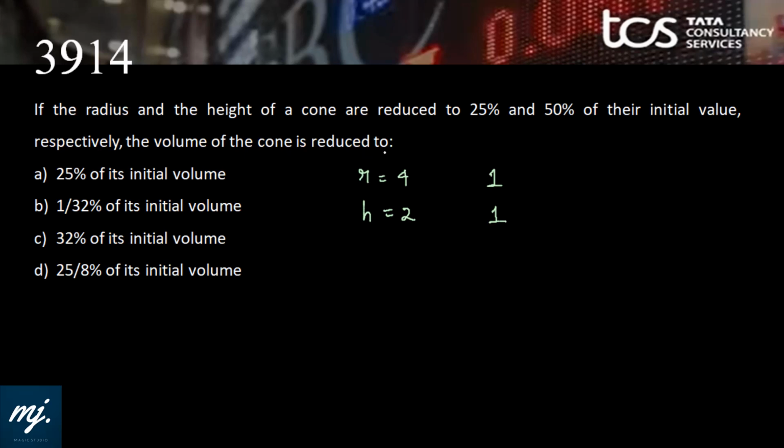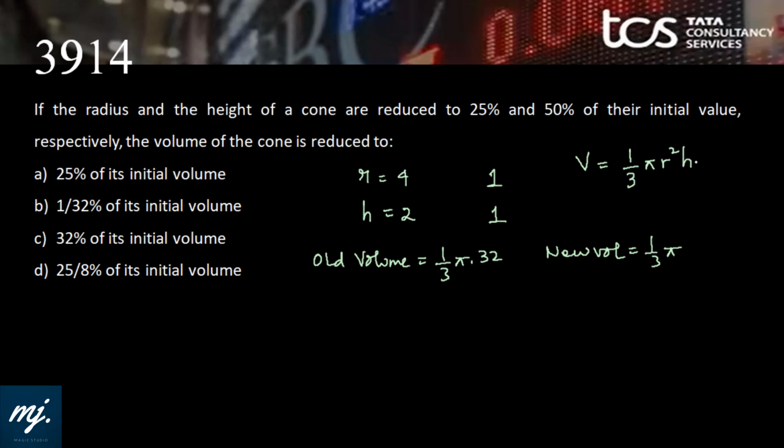The volume of the cone is given by 1/3 pi r square h. So the old volume was 1/3 pi, r square is 16 into 2 is 32, and the new volume is 1/3 pi r square h, 1 square into 1 is 1.